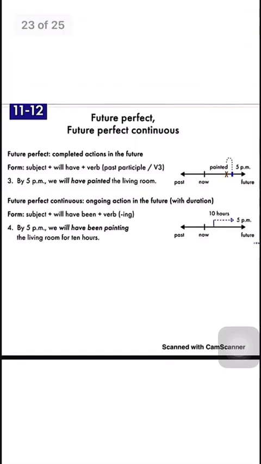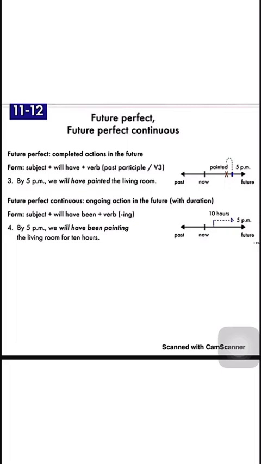Suppose you, in the month of May, have decided that till October you will save 2000 rupees. In that case, what would you say? You will say that we will have saved the 2000 rupees by October.